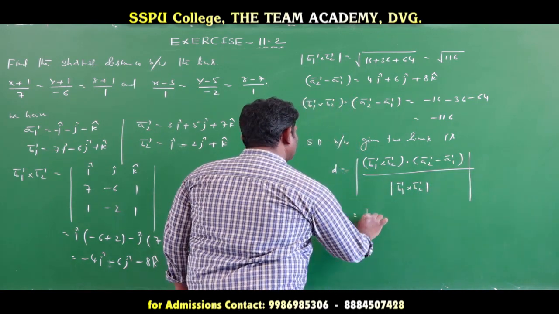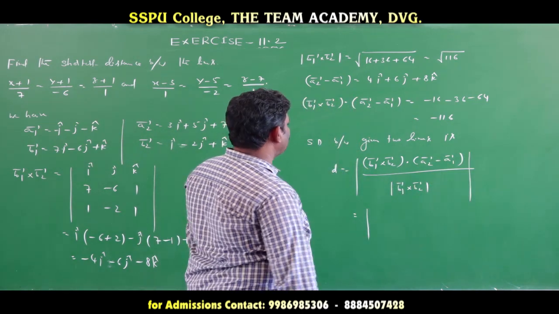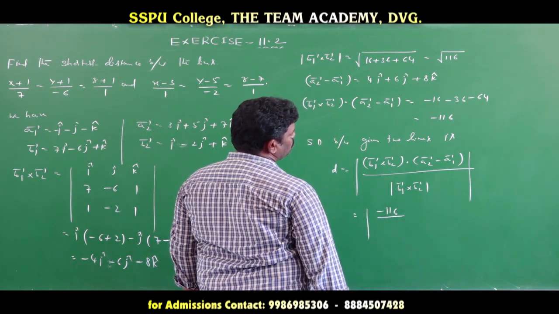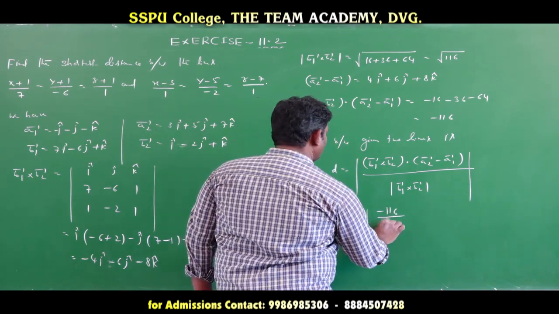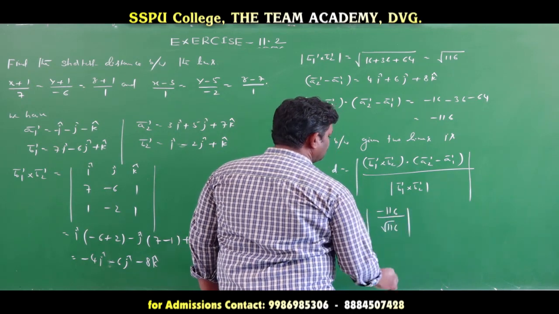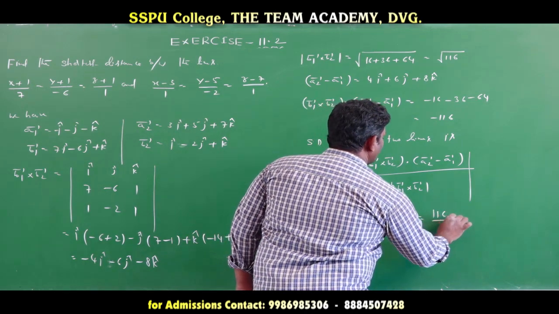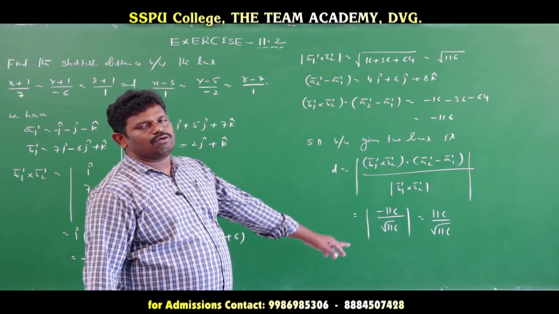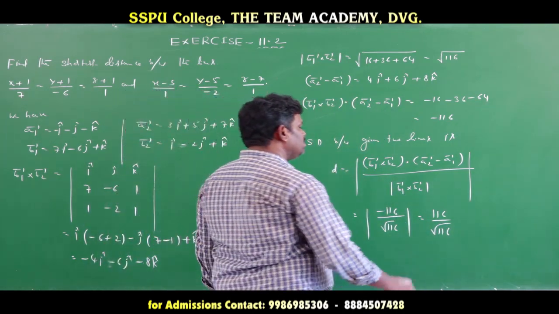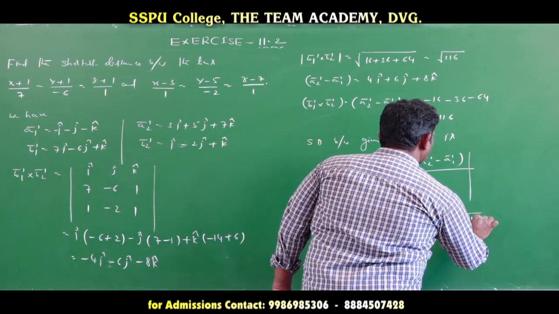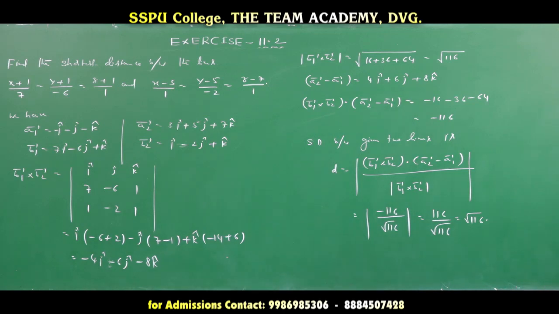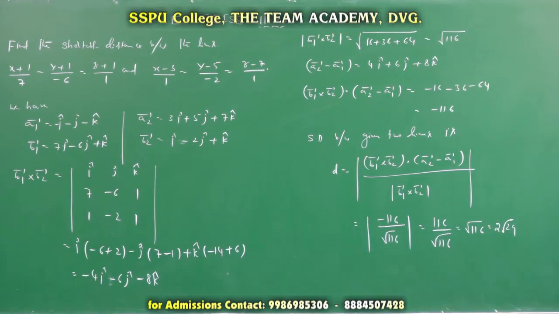So the total value is minus 116 by the magnitude, which is root of 116. That is 116 by root of 116. Multiplying numerator and denominator by root of 116, finally we get root of 116. So this is the shortest distance between the given two lines.